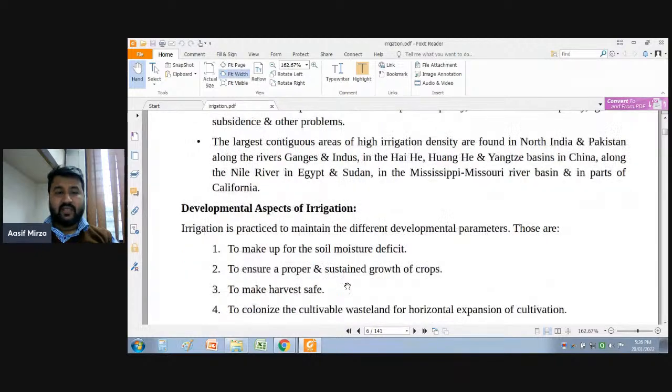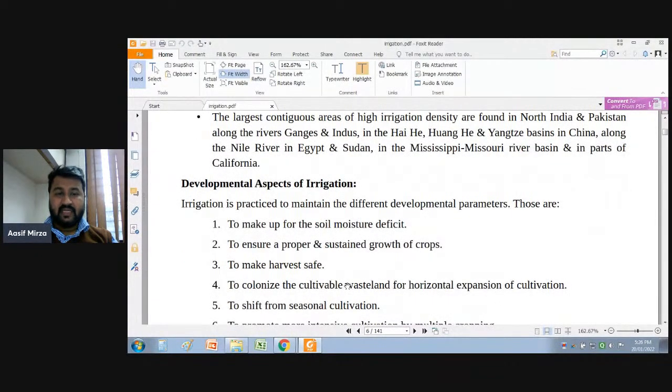Development aspects of irrigation. Irrigation is practiced to maintain different developmental parameters.